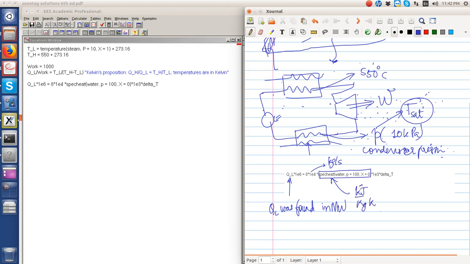So to convert the kilojoule into normal joule, and to convert this megawatt, we had multiplied by 10⁶, so this simply became watt. After multiplying by 10³, this whole thing became joule per kg Kelvin. This yielded us the value of the delta T.